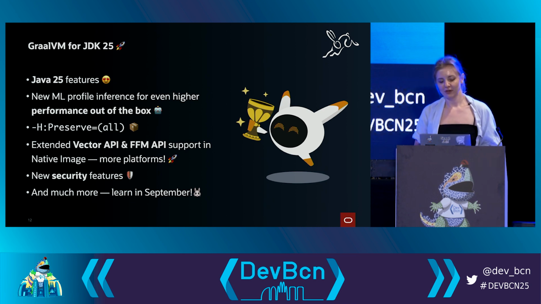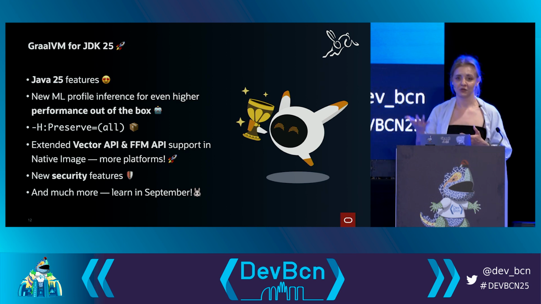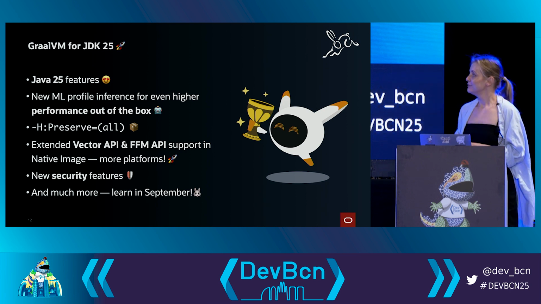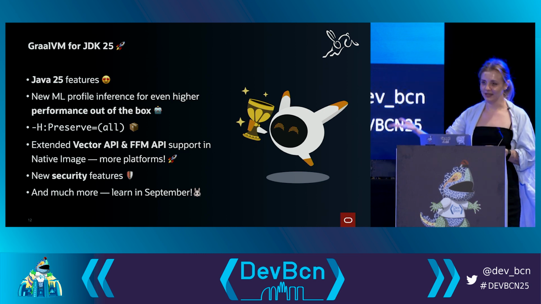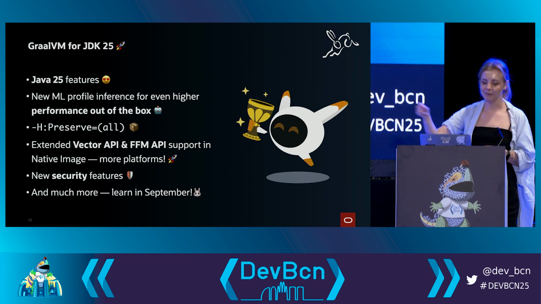Now, one feature that looks very humble on this slide, but I think might be very impactful and useful for many users of GraalVM will be this -H:Preserve, and namely -H:Preserve=all. So I mentioned, again, briefly, that GraalVM strips away everything that you don't need. So only the things that you're actually using will be in your application.